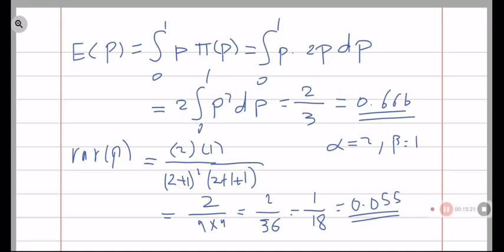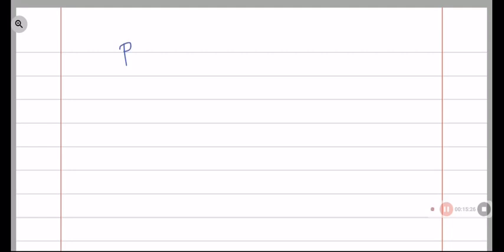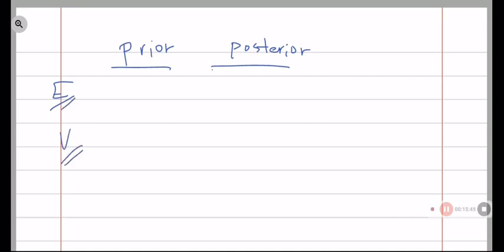So we can write that in a table, for example, as a summary. This is the prior, this is the posterior. This is the mean expectation, and V is the variance here. The prior mean is 0.666, and the posterior mean is 0.692.